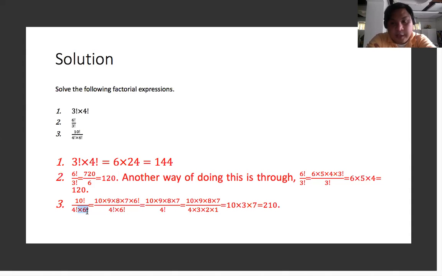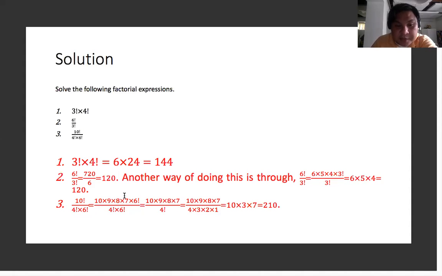Okay, now to make things easier for us, we're going to try and simplify this and see what the total comes out to. So 10 factorial can be expanded into 10 times 9 times 8 times 7 times 6 factorial. You might ask, why did I stop at 6 factorial and not at 4 factorial?